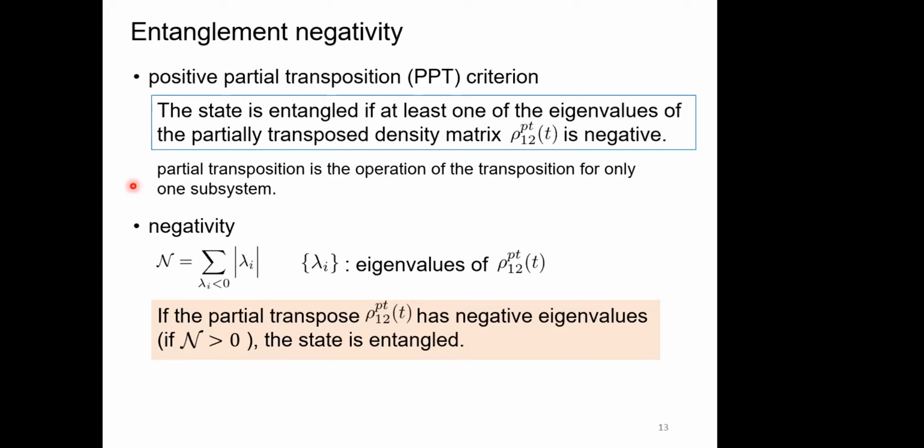And then we introduce the negativity. Negativity N is defined as the sum of the negative eigenvalues of the partially transposed reduced density matrix rho_12^PT. Then it can be shown that if the partially transposed reduced density matrix rho_12^PT has negative eigenvalues, namely if the negativity is non-zero, the state is entangled.